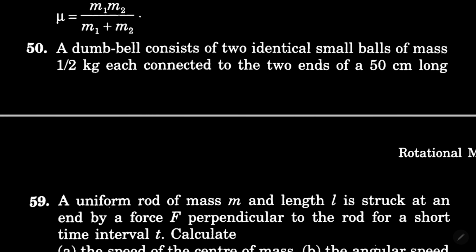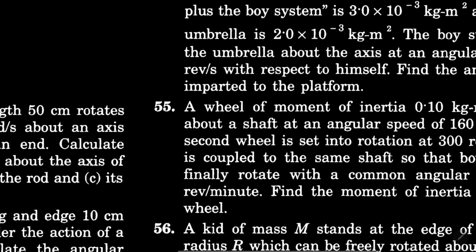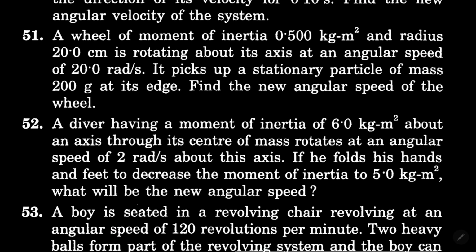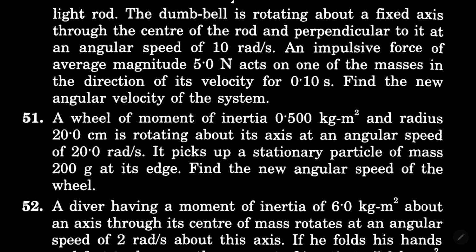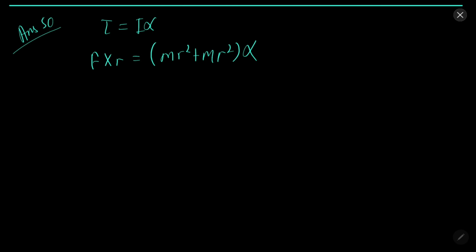In question 50, a dumbbell consists of two identical small balls. Now the dumbbell is rotating about a fixed axis. Find the new angular velocity of the system. Solution 50. Torque is I alpha. F cross R equal to mr square plus mr square into alpha.